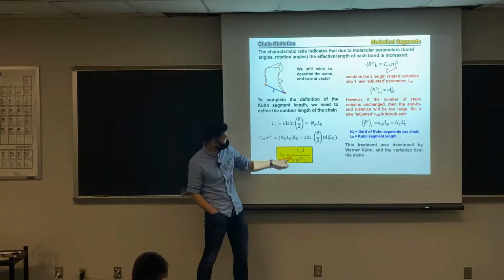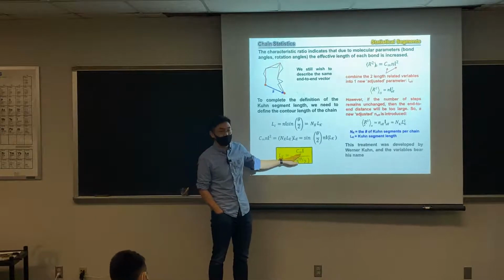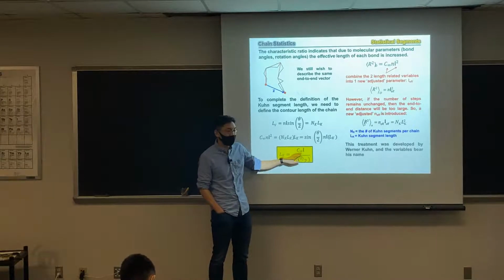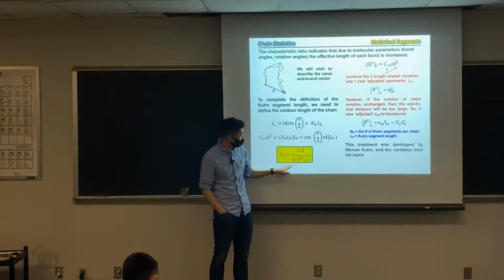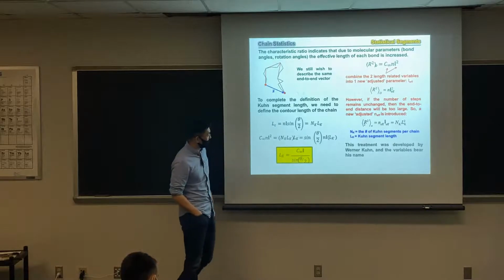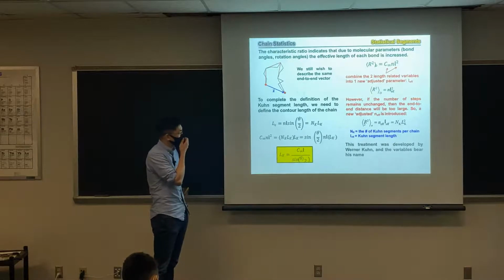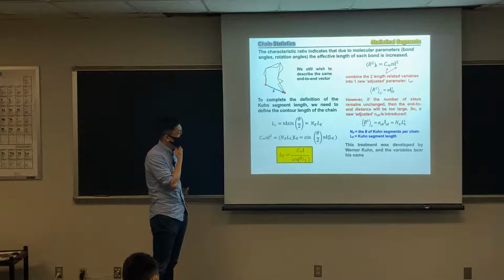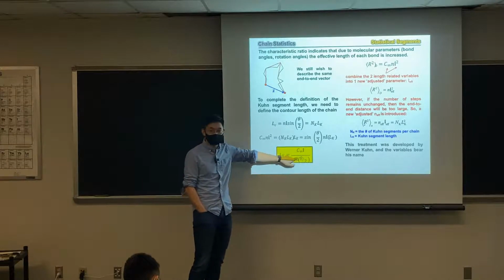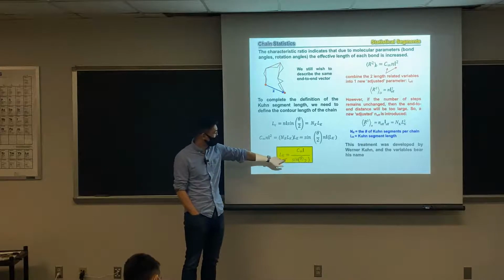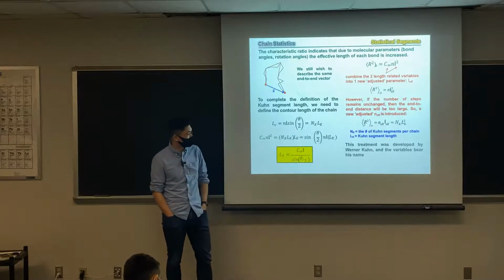So L K would be equal to the characteristic ratio, for example for polystyrene, that's a value of 6, 7, around there, times L, the monomer bond length, divided by sine theta divided by 2. Okay? So in many cases, persistence length will also be treated in a similar way. But we have a way to further simplify this, depending on this bond angle. Okay?